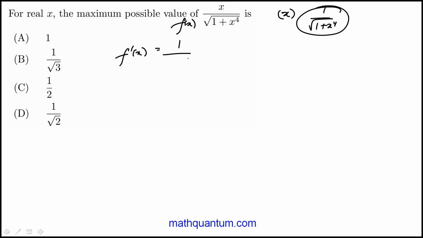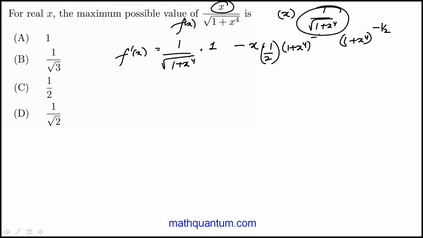But if you happen to know and you're in a corner and this is all you can do, you might as well take a chance. So that one derivative is 1, and then it will be minus, why? Because this would be 1 plus x to the 4 to the minus half. So that's why you get the minus half, and then 1 plus x to the 4 to the minus half minus 1, so minus 3 over 2, and then 4x cubed, taking the derivative of that.